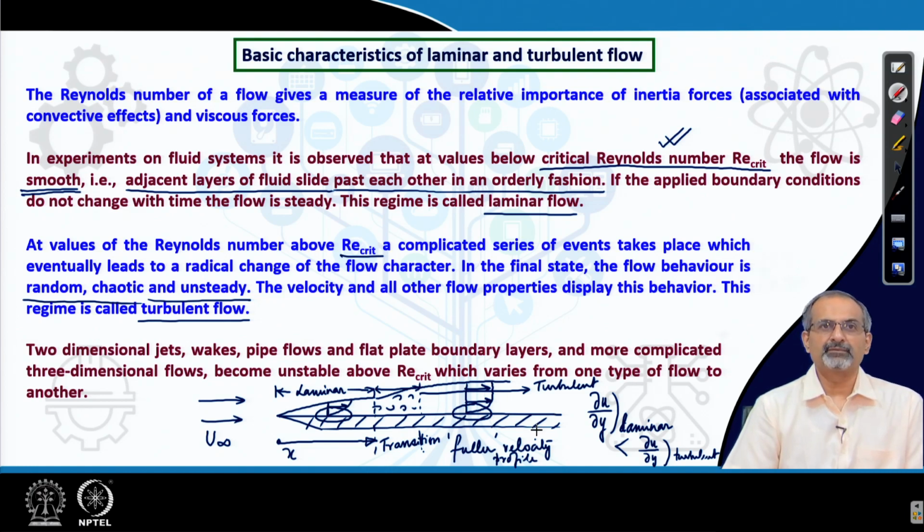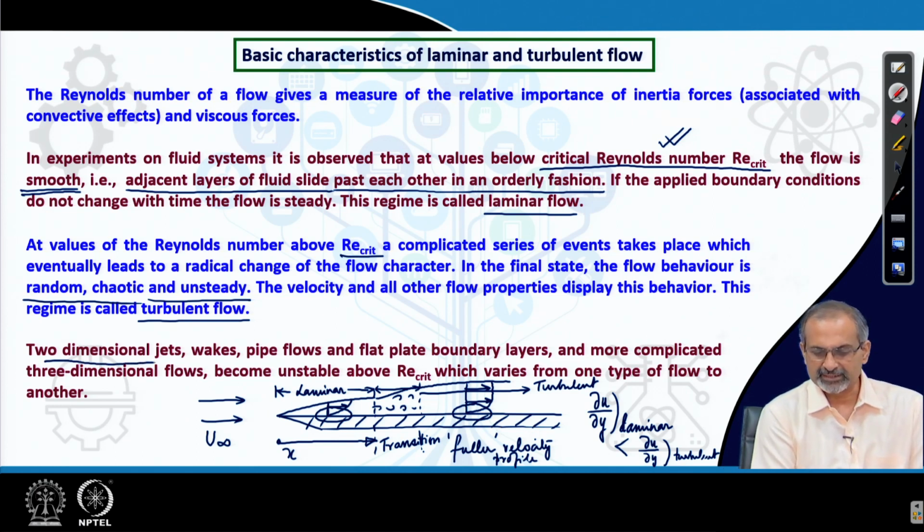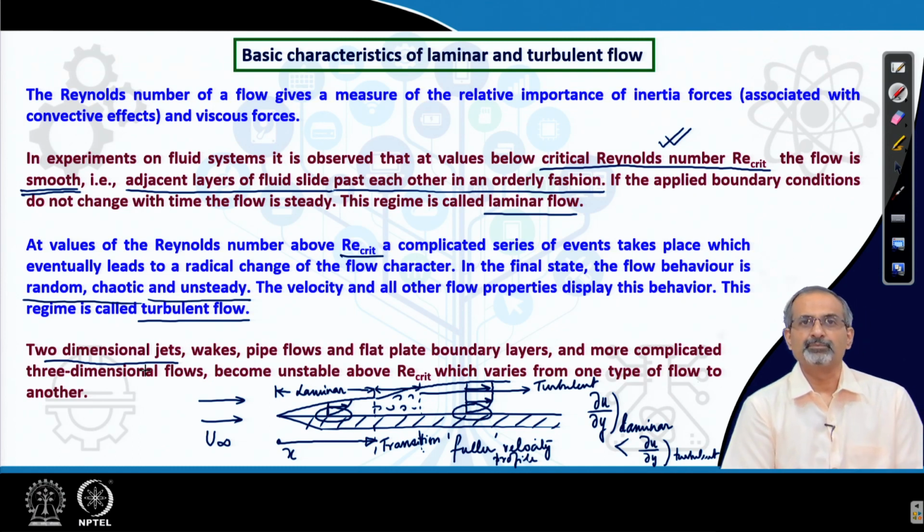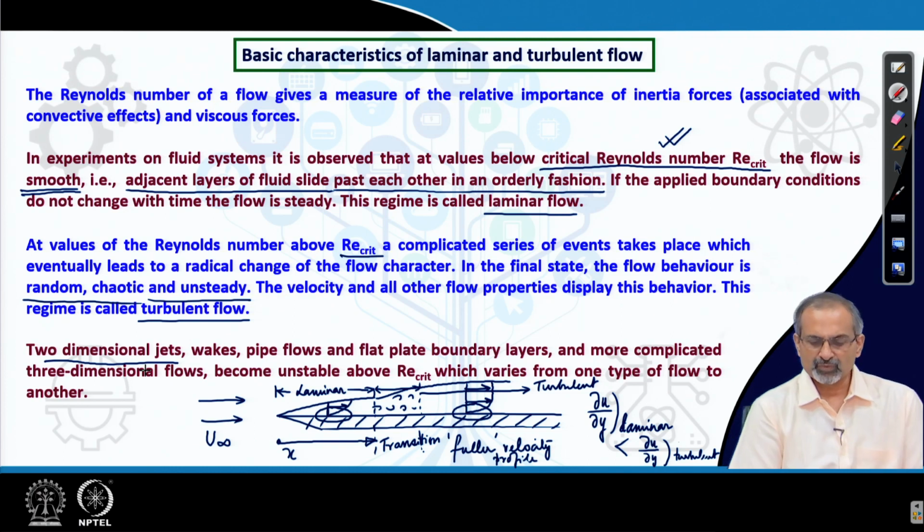Now, apart from flow past a flat plate, you could see laminar as well as turbulent flows in a lot of other types of canonical flows, like say 2-dimensional jets. Again, jets can vary in terms of their features depending on the orifice shape, and then you can have wakes formed behind bodies, like we discussed about wakes forming behind say a bluff body or an airfoil pitched at a large angle of attack.